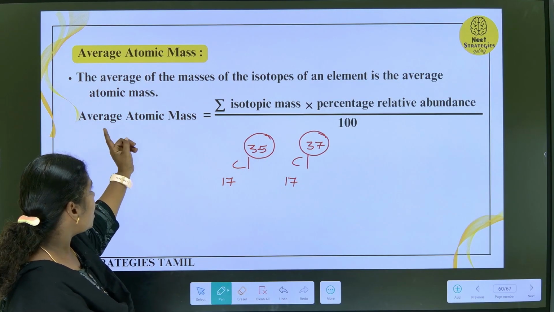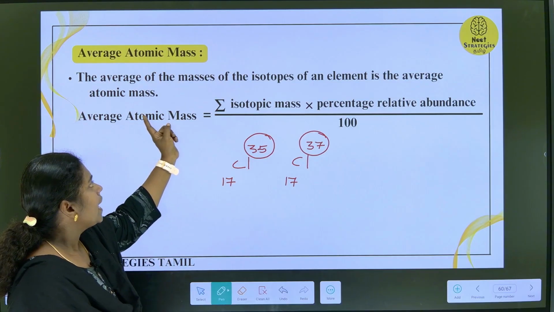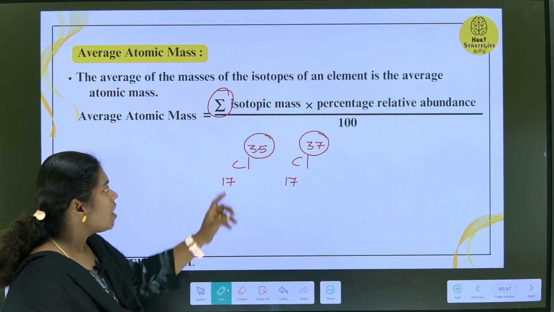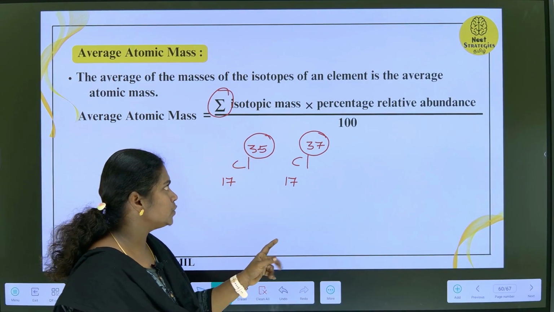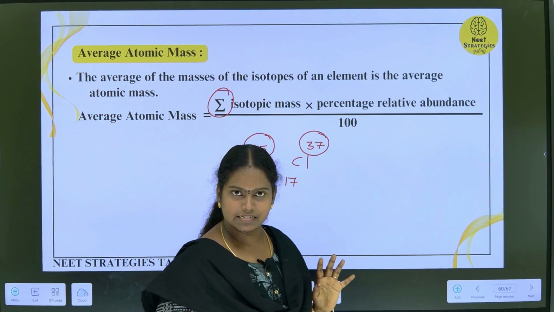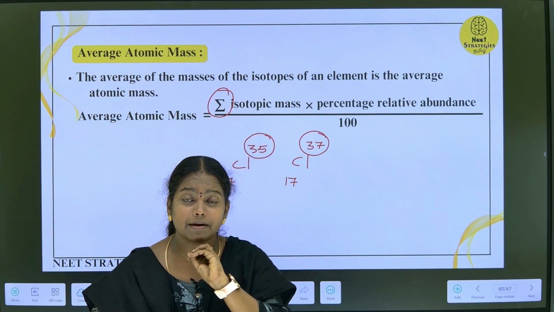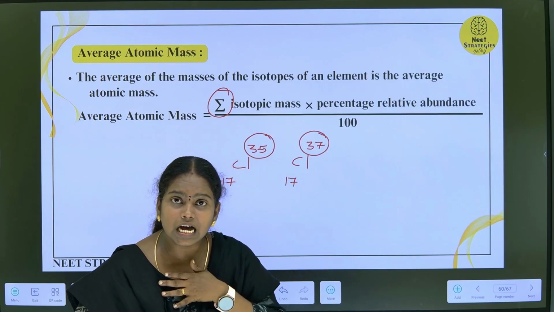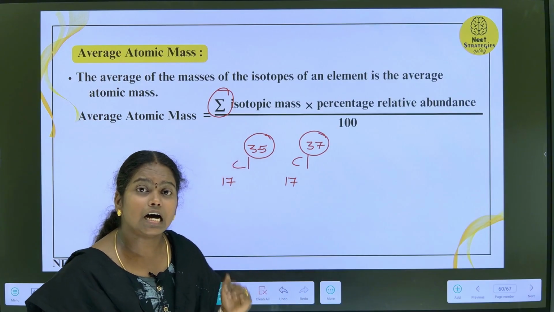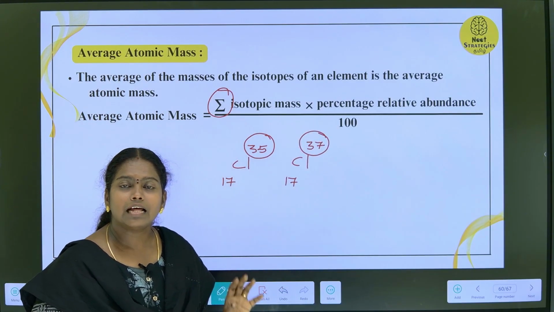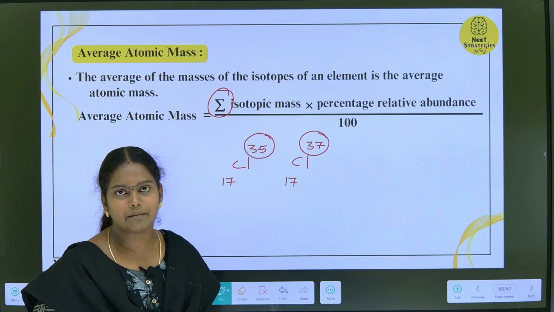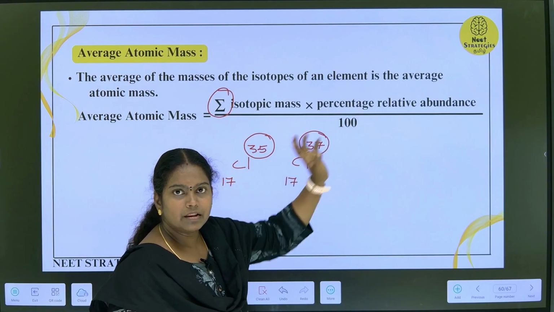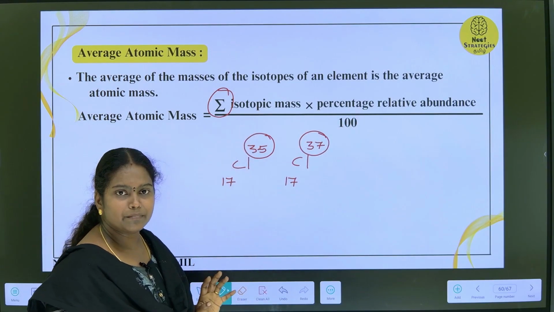So average atomic mass, this is the formula: the sum of the isotopic mass into percentage relative abundance, upon 100. Okay, so what is percentage relative abundance? In the Earth's crust, how much availability does that particular isotope have, that is the percentage abundance. They will give us this data: the percentage availability and what the isotopic mass is.